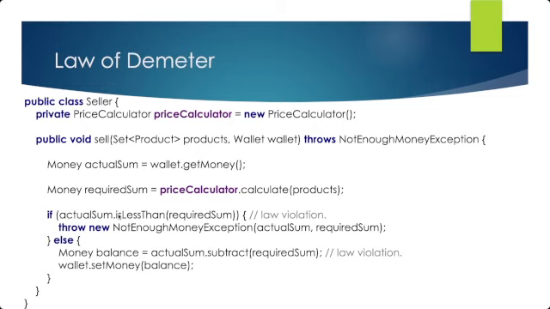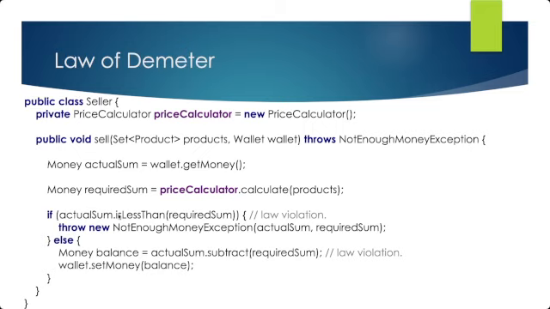Our goal is to decrease the count of dependencies inside our application, because when we have a small count of dependencies, when we change something, we will not need to change a lot of code. But if we have a lot of dependencies, sometimes we need to change the whole system.